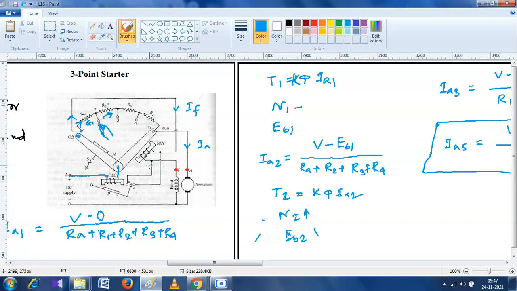And suppose there is no NVC coil, and the lever is in the high position.